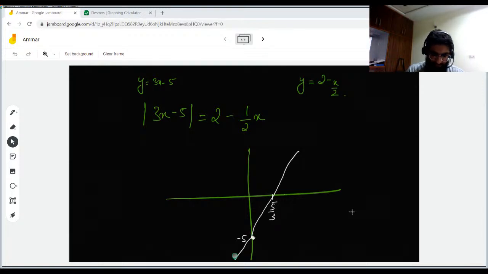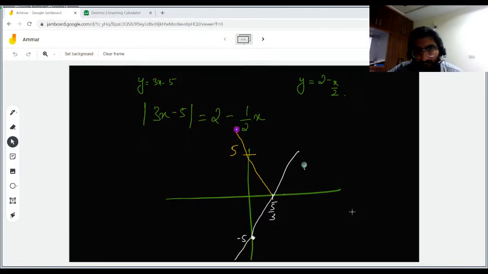Then I see another thing. I know that this particular one is in mod, y is equal to 3x minus 5, so I know it will get bounced off from this particular point.